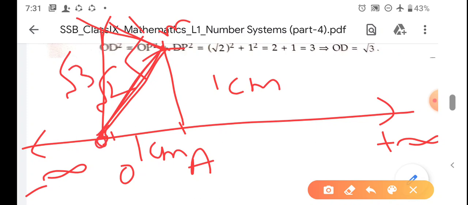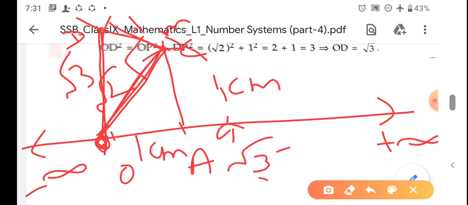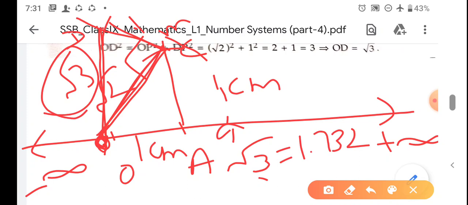Now by filling the distance OD, you draw an arc and you will get root 3. Root 3 value is 1.732, so it will again lie between 1 and 2. You can measure it by ruler also. For preparing root 3 you have to prepare root 2.